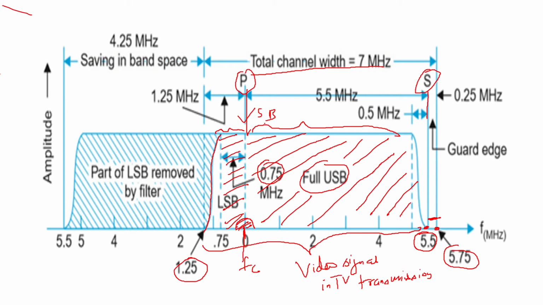We use that to transmit video information, and the sound is taken care of with frequency modulation, because the volume is directly related to the amplitude, so we cannot use amplitude modulation for sound. For the video signal, we use vestigial sideband transmission, which means a complete upper sideband plus a vestige of the lower sideband.